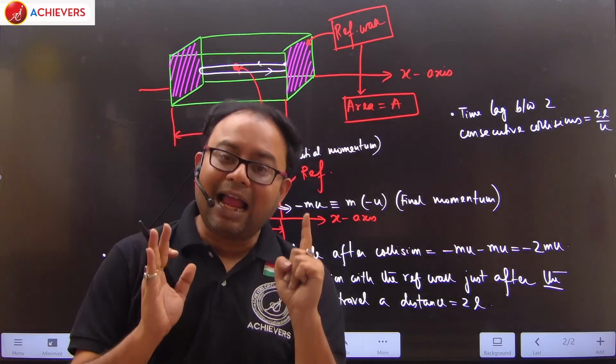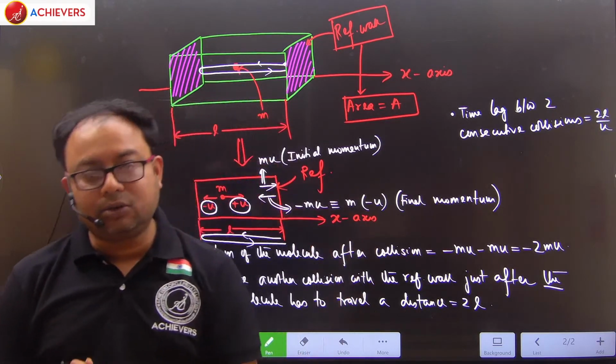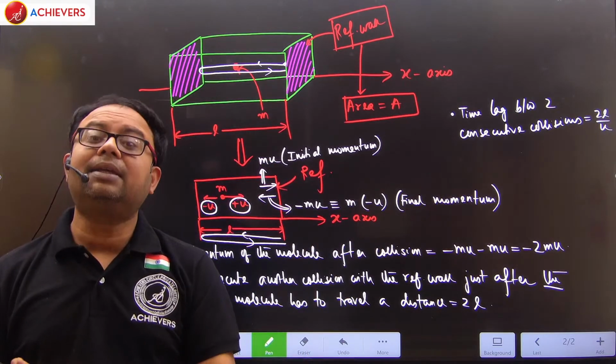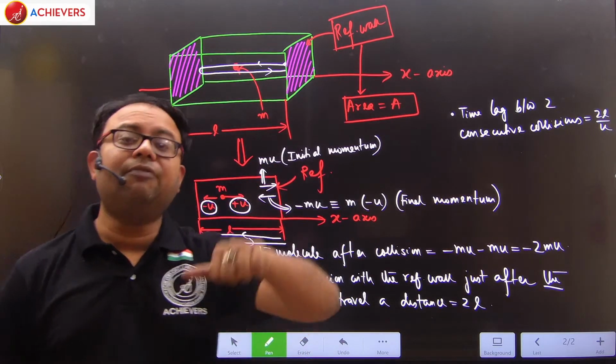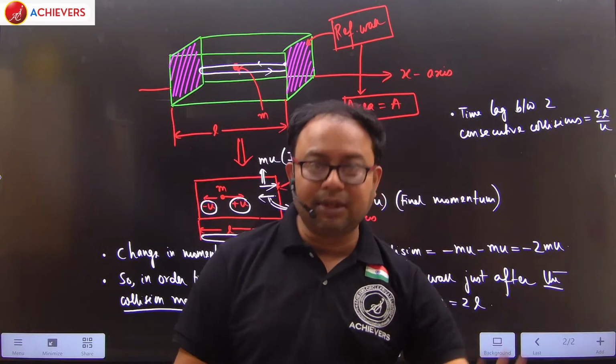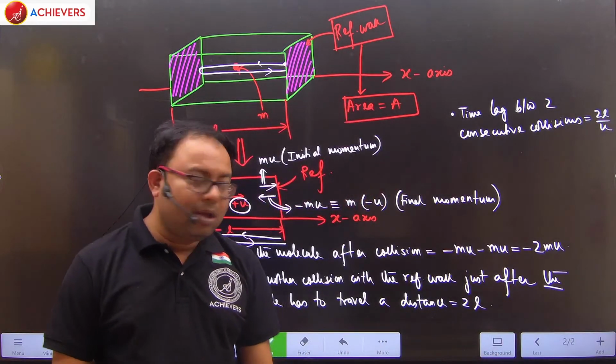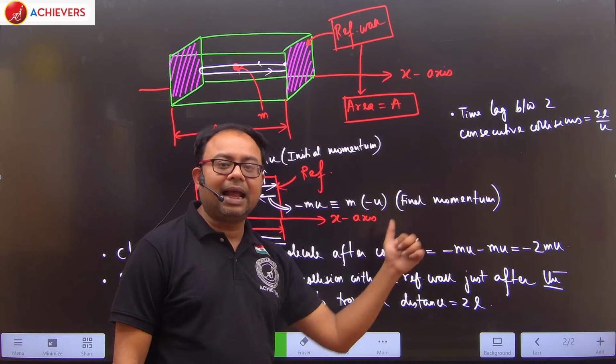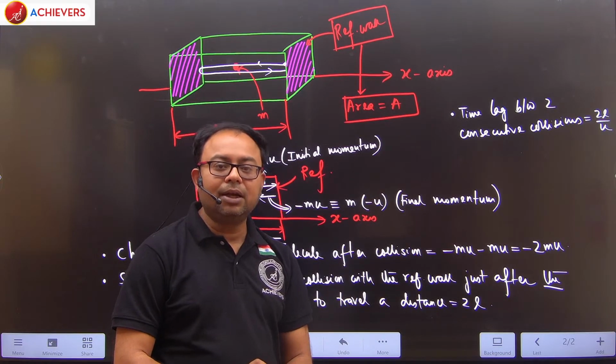That is, time taken for a single collision is 2L by u, because the trivial collision is not counted.